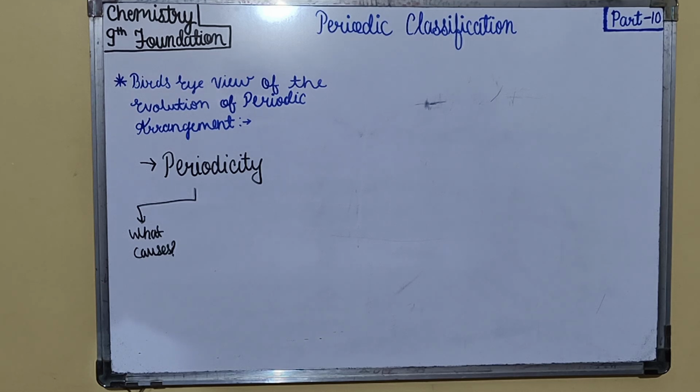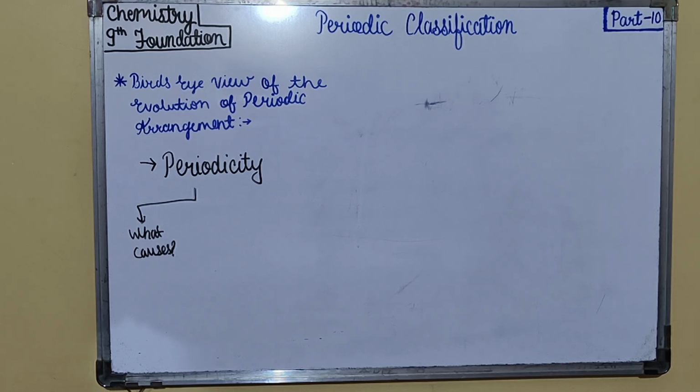After a few elements, again a similar configuration, the same number of outermost electrons, appears for sodium, 2, 8, 1. Then once again after a few elements the same configuration gets repeated for potassium, 2, 8, 8, 1.